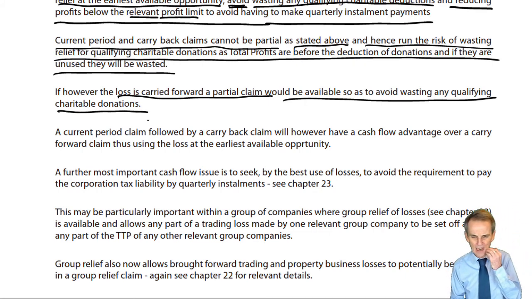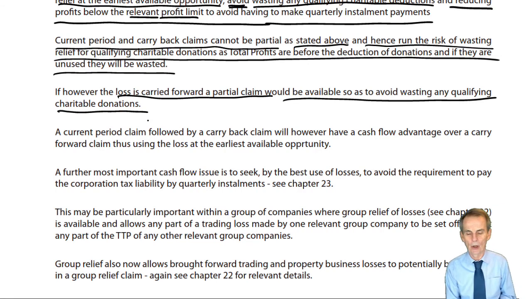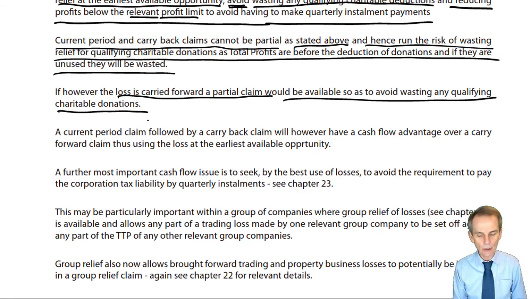If we've got next year total profits of £100,000 and we have got donations paid of £10,000, then if our loss was, say, 200,000, normally 200,000 against total profit of 100, if it were a current or carry back claim, 200,000 loss is bigger than £100,000 profit, so the whole 100,000 would go, and that would waste the donations.